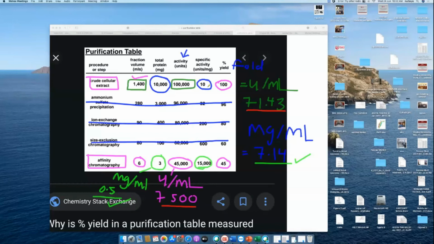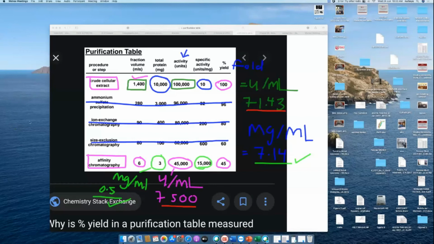Initially you have only 10 units of your enzyme in every 1 milligram. Now in every 1 milligram you have got 15,000. Wow, that's a lot.